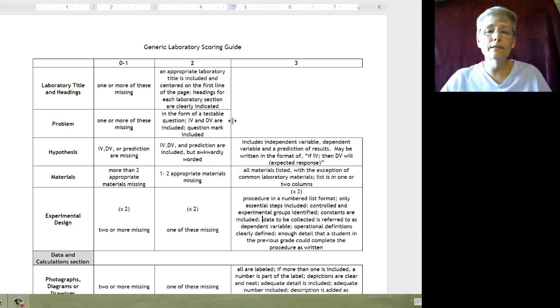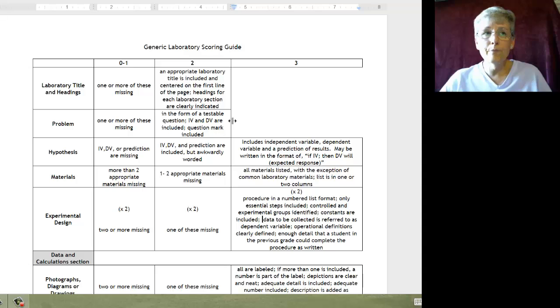The hypothesis, it says, includes independent variable, dependent variable, and a prediction of results. 3 things. You have to have all 3 of those there to get full credit. It may be written in the format of an if, whatever happens to the independent variable, comma, then, and then whatever happens to the dependent variable and what you expect.